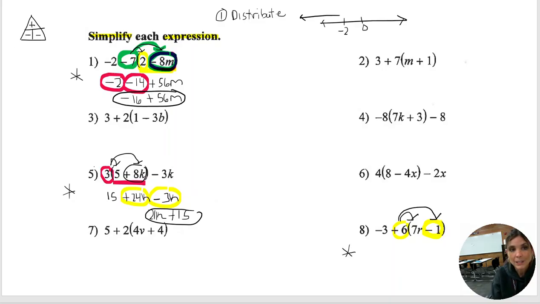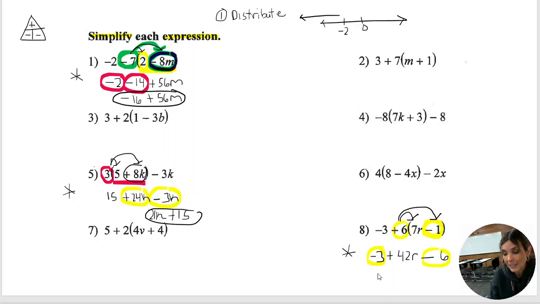Okay, so let's distribute and then write it down. 6 times 7r is 42r, and then 6 times negative 1 is negative 6. This was a positive 42r, and then we still have our negative 3. Okay, so from there we're going to combine our like terms. We have these two constants, a negative 3 and a negative 6.